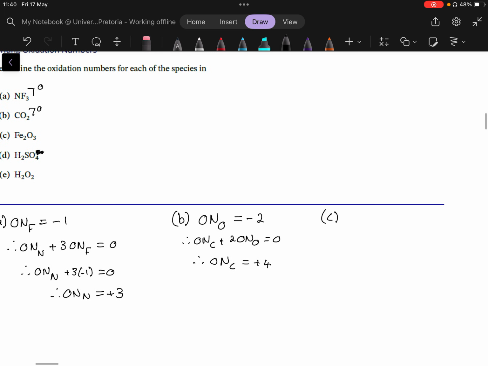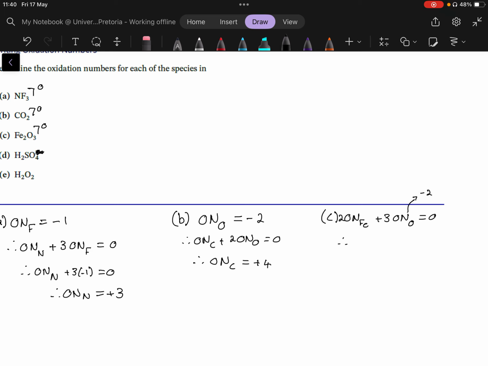For C, we have Fe2O3. So again, the overall species is not charged. It has a 0 charge. So that means 2 times the oxidation number of Fe, plus 3 times the oxidation number of oxygen needs to be 0. The oxidation number of oxygen is -2.